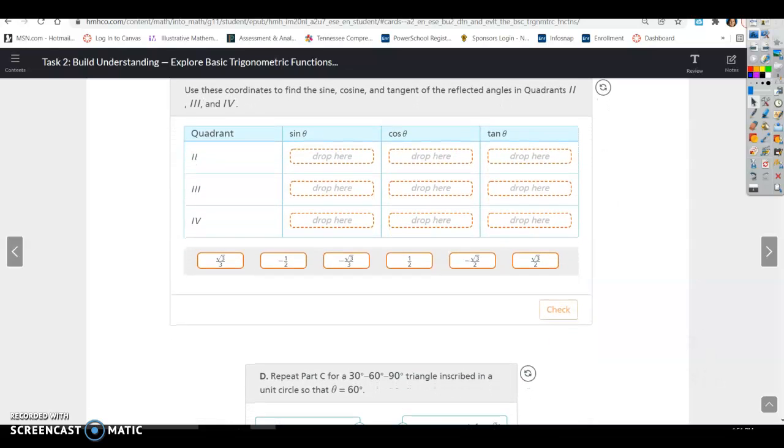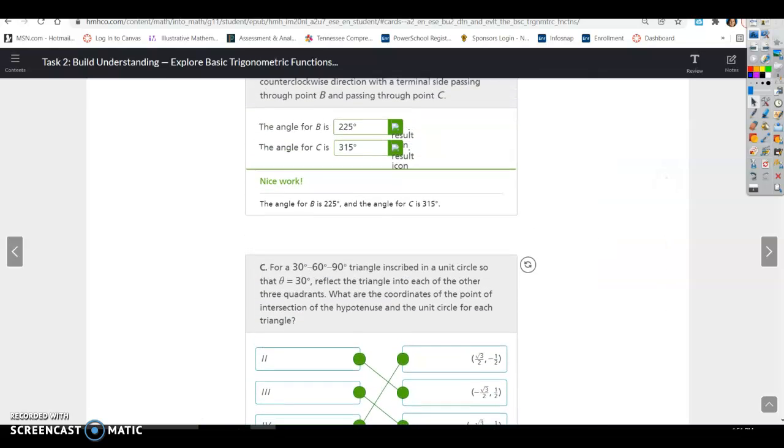All right, so use these coordinates to find the sine, cosine, and tangent of the reflected angles in quadrants 2, 3, and 4. So very quickly, we are going to plug this in.